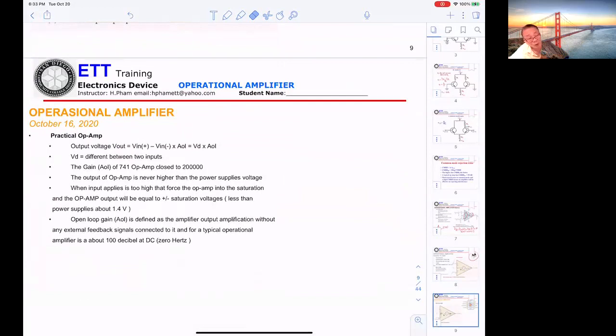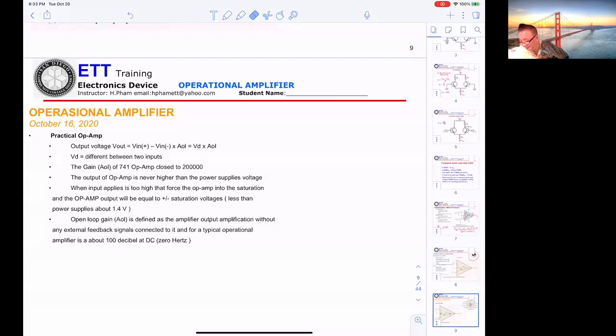AOL means the open loop gain. V in positive minus V in negative, that's what we call VD, the differential input. VD is the differential between two inputs.